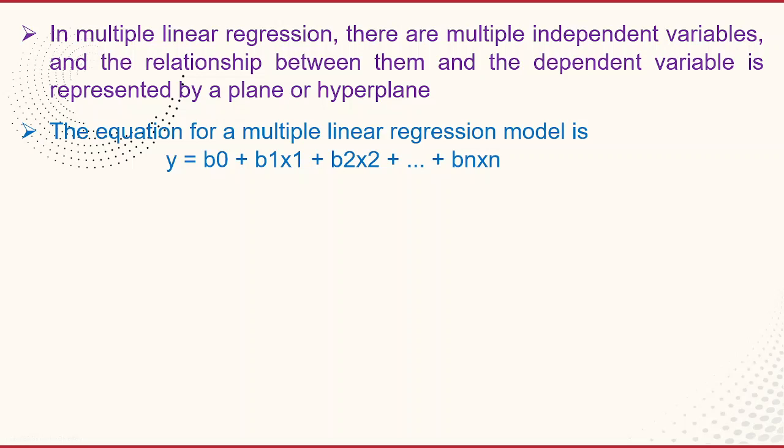The equation for a multiple linear regression model is y is equal to b0 plus b1 x1 plus b2 x2 plus so on plus bn xn, where y is the dependent variable, x1, x2, so on xn are the independent variables, and b0, b1, b2, so on bn are the coefficients.